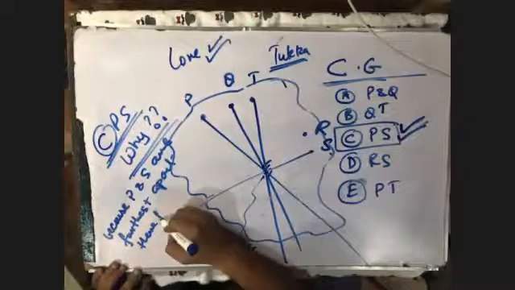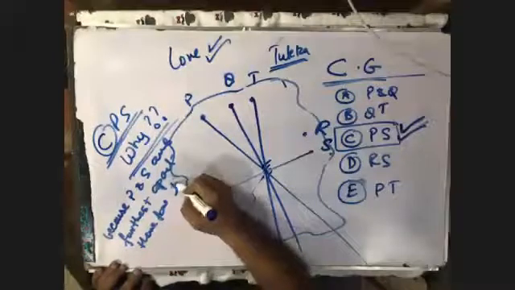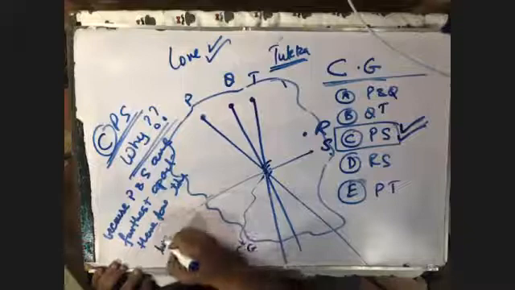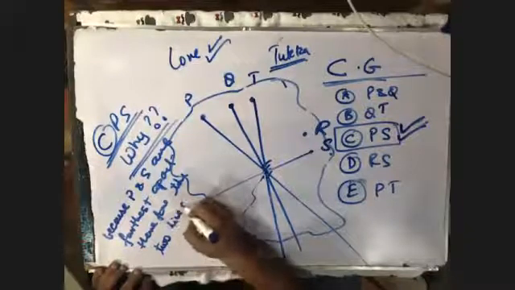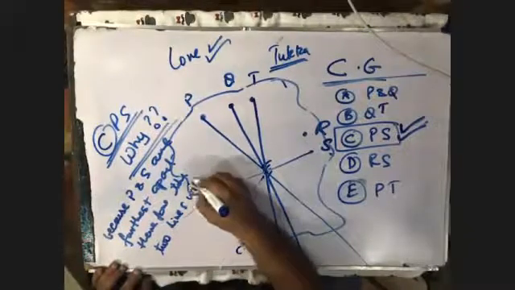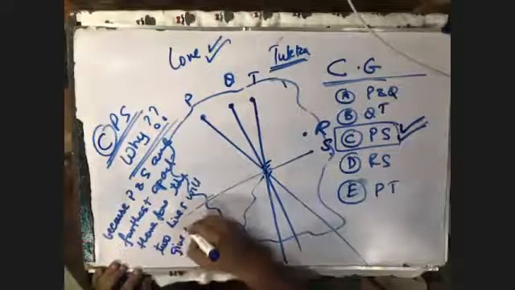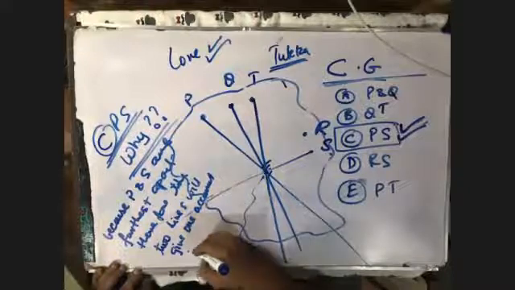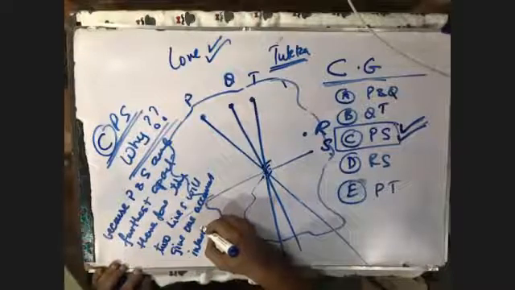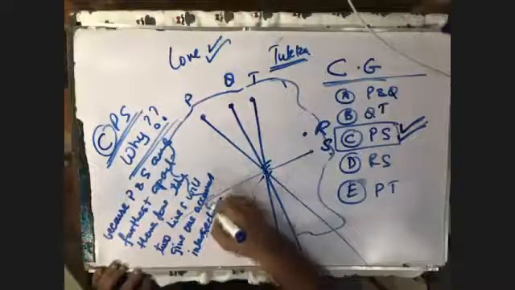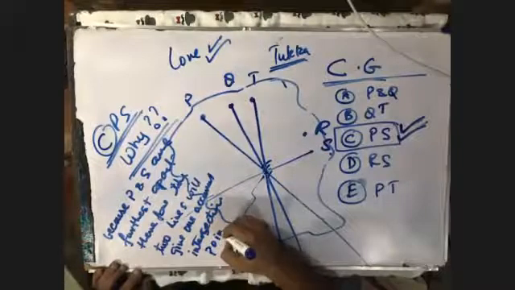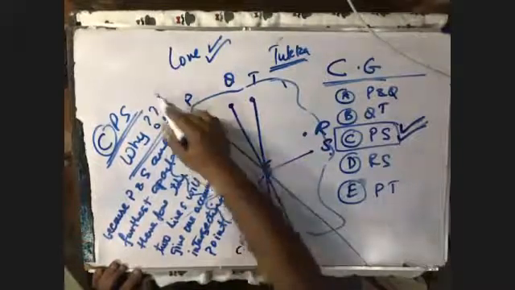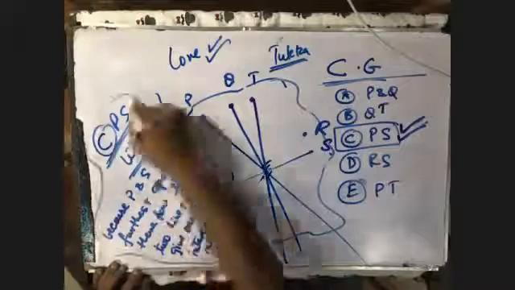Therefore, the two lines will give one accurate intersection point. Okay? Copy this, everybody.